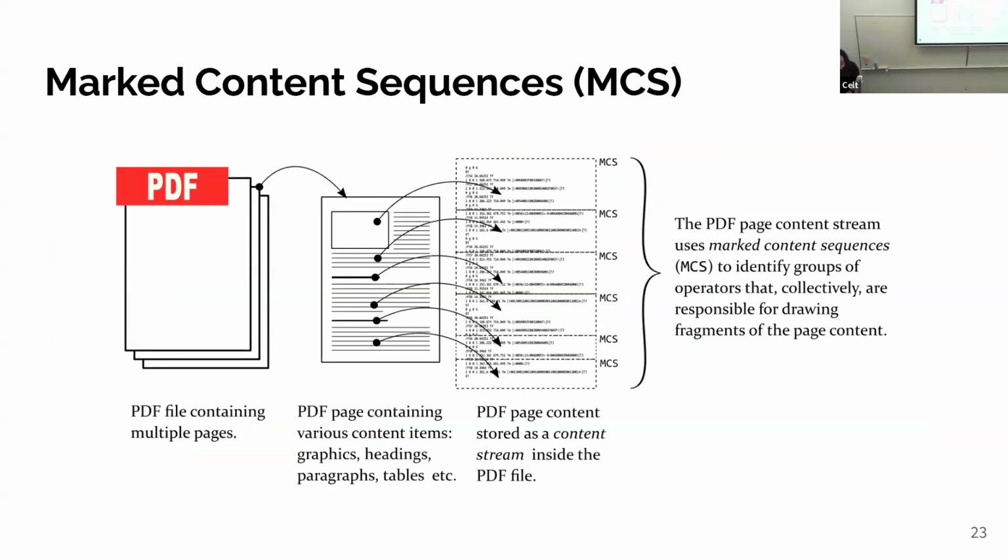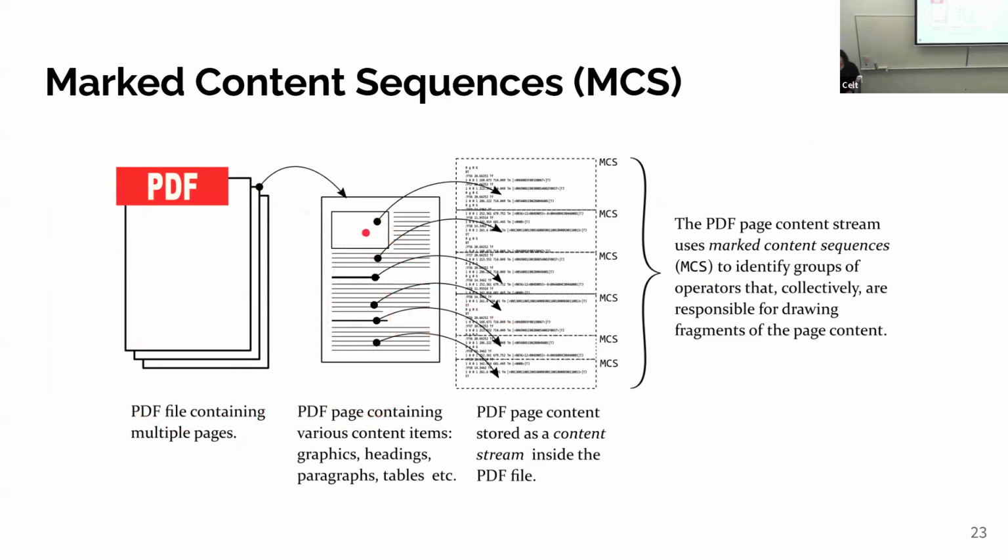So just to summarize what I just talked about, here are some images also from the Overleaf post. We have a PDF containing multiple pages. These PDF pages contain various content items.